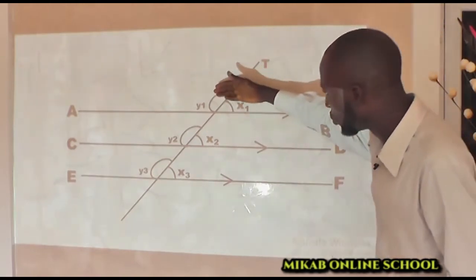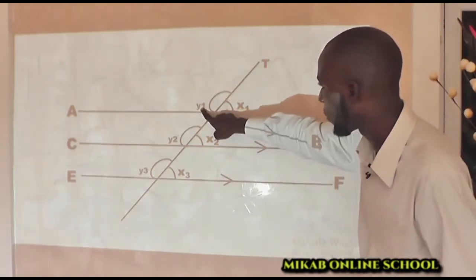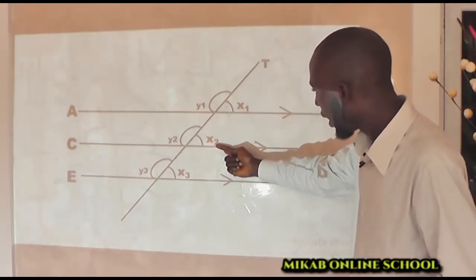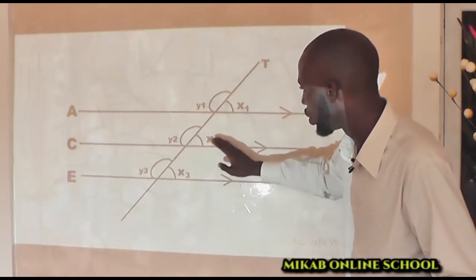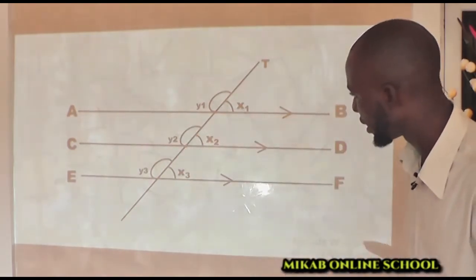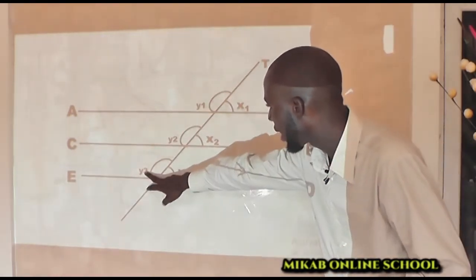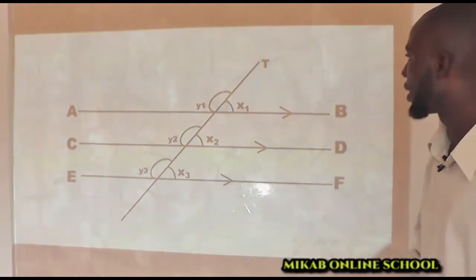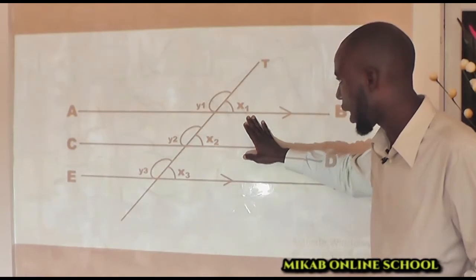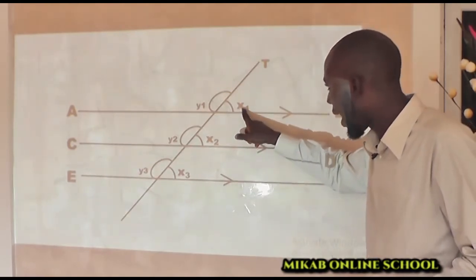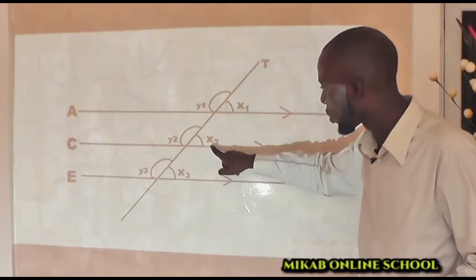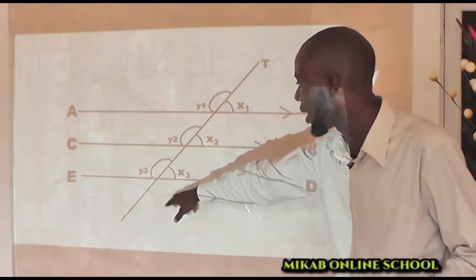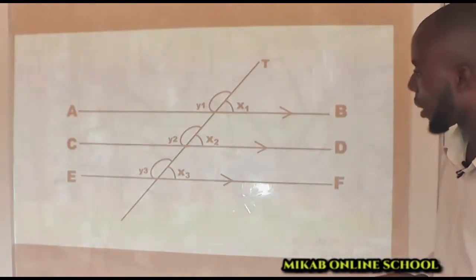The summation of the two angles, x1 and y1, must equal 180 degrees. x2 and y2, the summation of the two must equal 180 degrees. x3 and y3 must equal 180 degrees. The reason is that the two of them are adjacent angles. These x1 and y1 are adjacent angles, x2 and y2 are adjacent angles, and also x3 and y3 are adjacent angles.